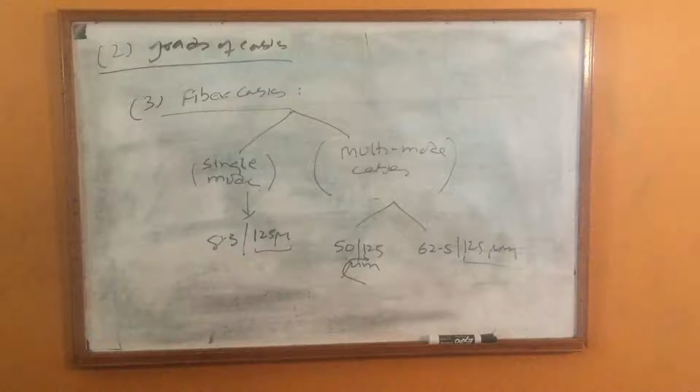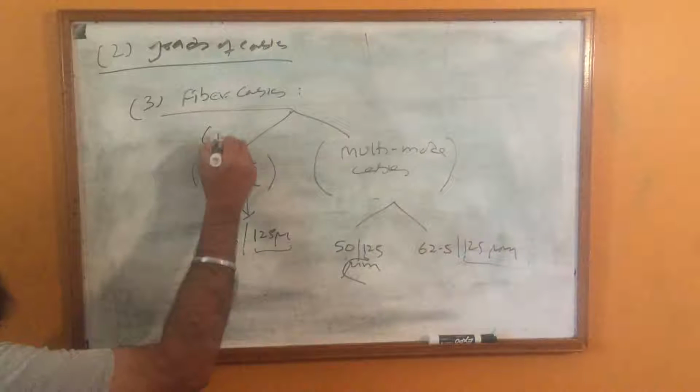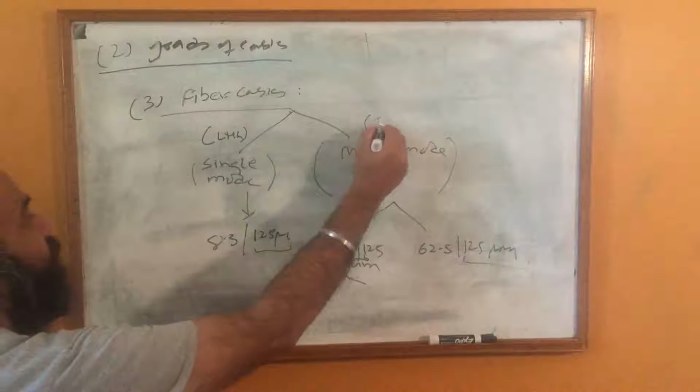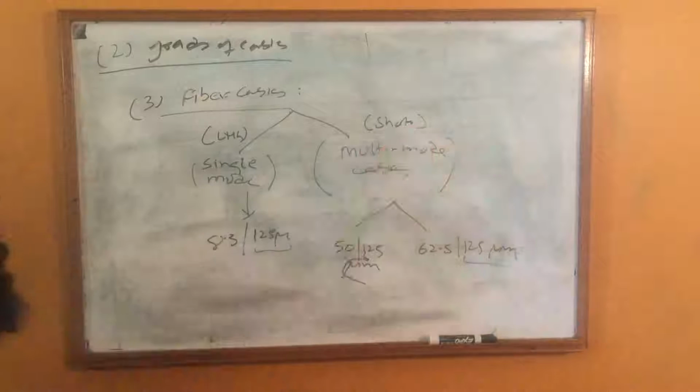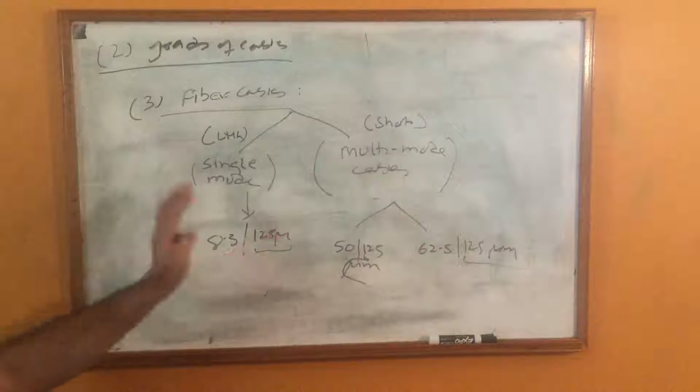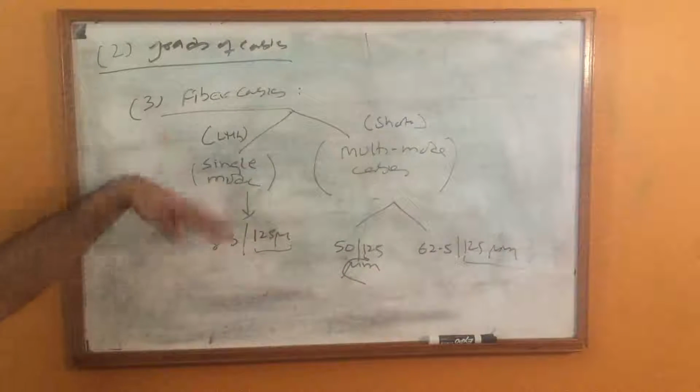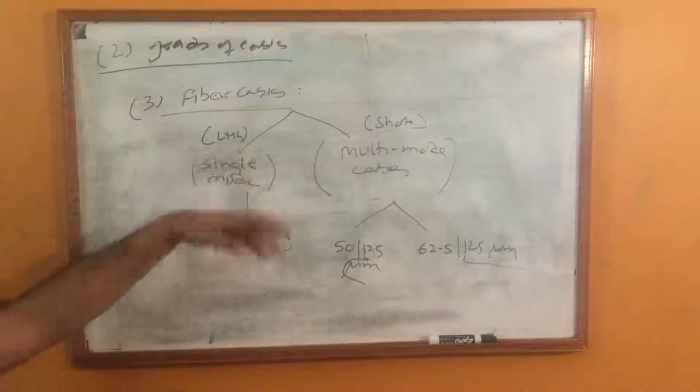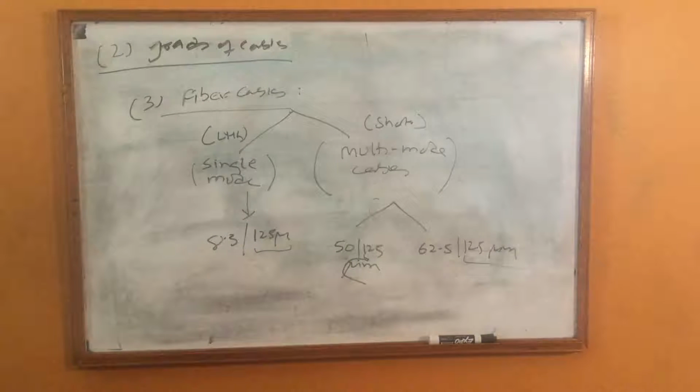Single mode fibers are used to transfer over longer distances, and multi-mode fiber cables are used to transfer over shorter distances. All you need to remember is longer distances and shorter distances. Then there are different types of connectors, which we will discuss in a later session of this chapter.